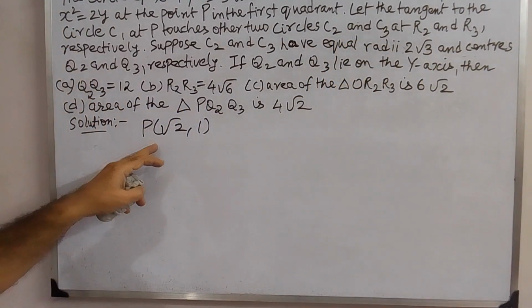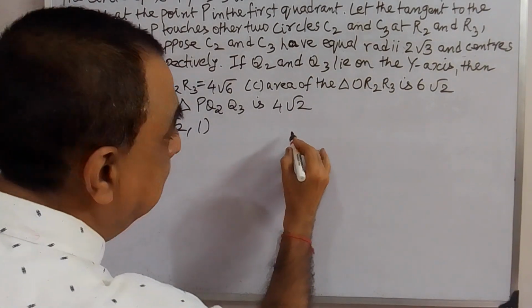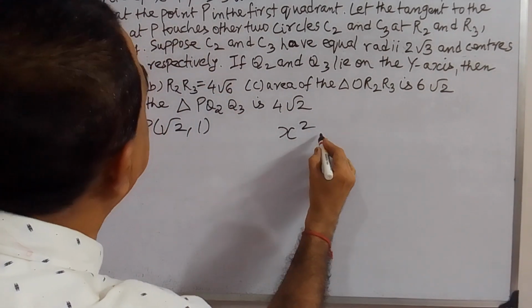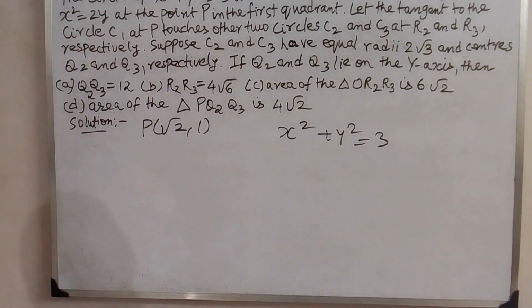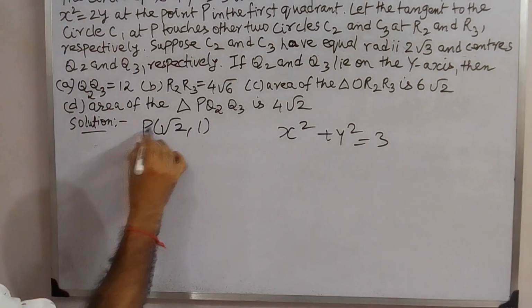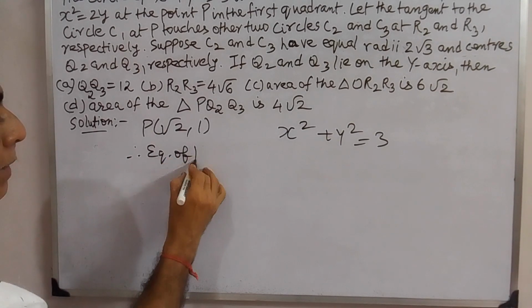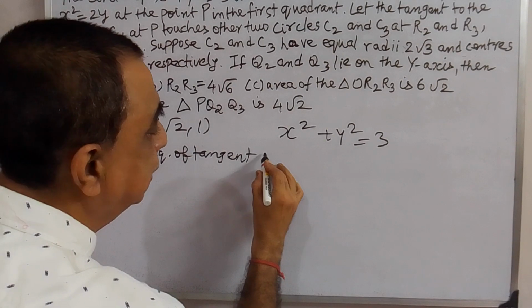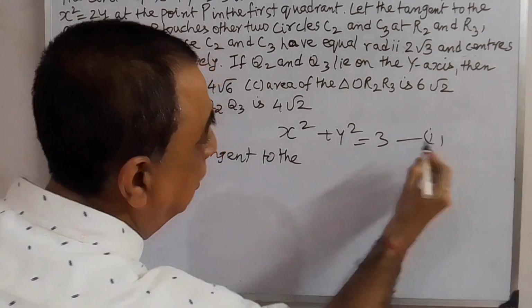So let us first find the equation of the tangent. So if you see here, the equation of the circle is what? Equation of the circle is x squared plus y squared is equal to 3. So what will be the equation of the tangent at this point?